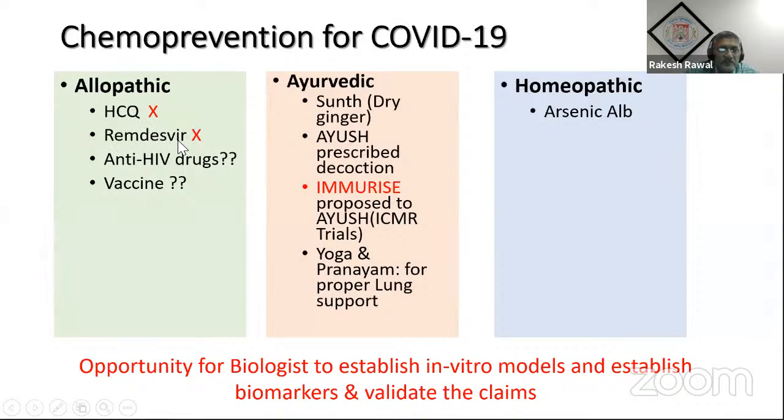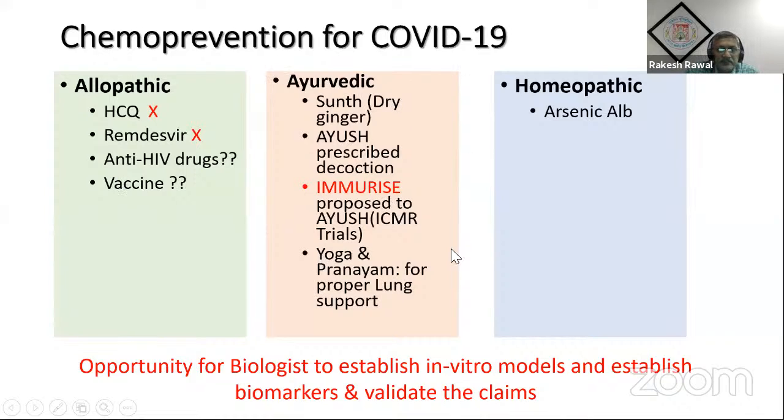Later on, remdesivir came because they thought that since it is a virus, any established antiviral may work. And later, even anti-HIV drugs were tested and trialed on patients with coronaviruses. And now we are aiming at vaccines because these trials have already begun.